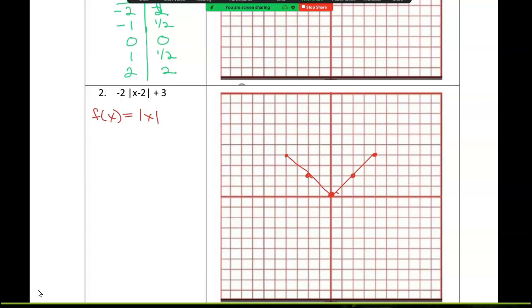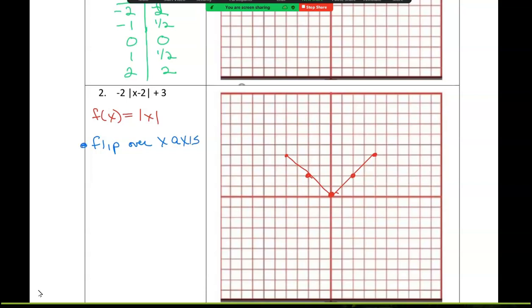Okay, now I've got lots of things going on here. So we're going to have to think about numbers that I'm going to choose. What I see is I have many things going on. Let's list them. The negative in front is a flip over the x-axis. So you should check your notes on this.